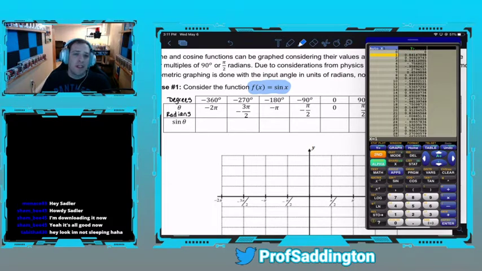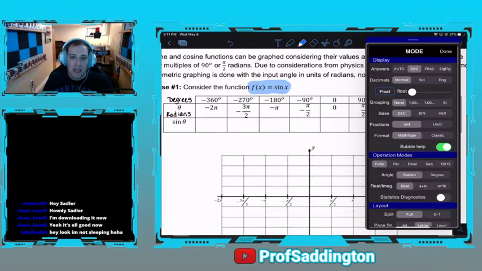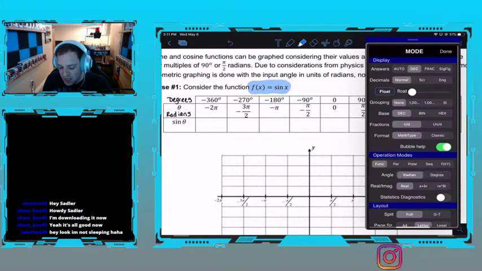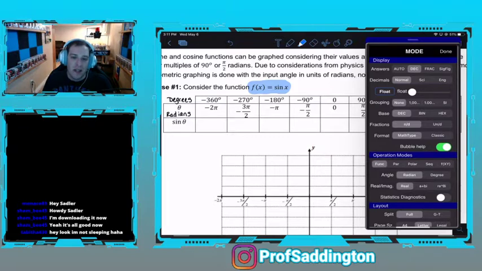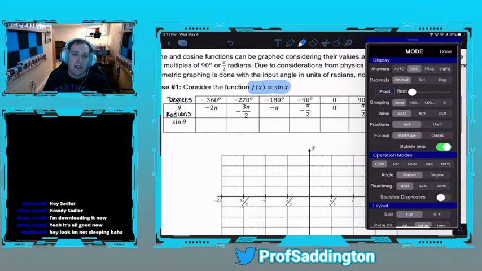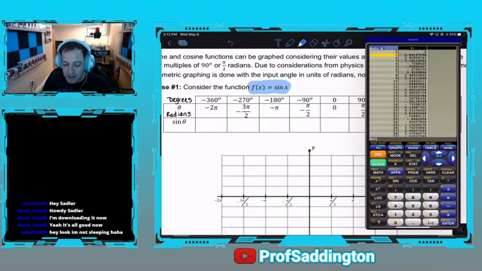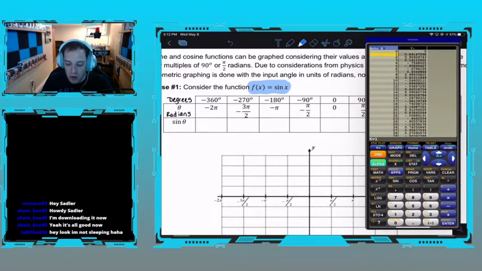So like we did the other day, I should be clicking on mode first and making sure that under operation modes, radians is highlighted. And it looks like if you reset your calculator, it automatically stays on radians, so we should be okay. If you are somebody that was in degree mode, make sure you switch it. It's got to be in radians when we do this today. So now that I'm in radians, it looks like all my answers were okay in the table.